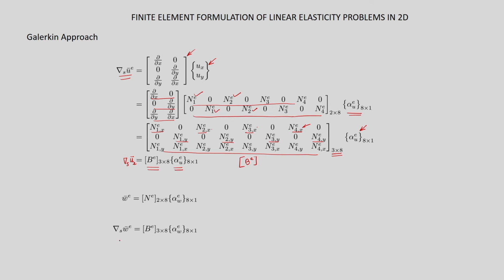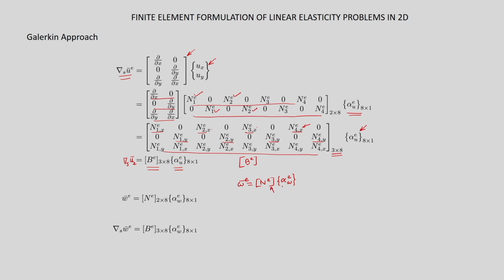Alright. Now, what we will do? We need to represent W. If we follow the Galerkin approach, W will also be represented using the same shape functions. So, we will write W in the element E as the same shape function matrix times alpha W, because these alphas have to be different, alpha W E. Is that all right?